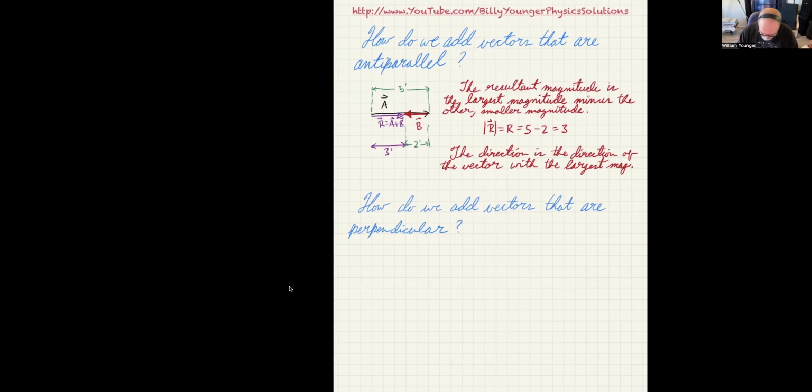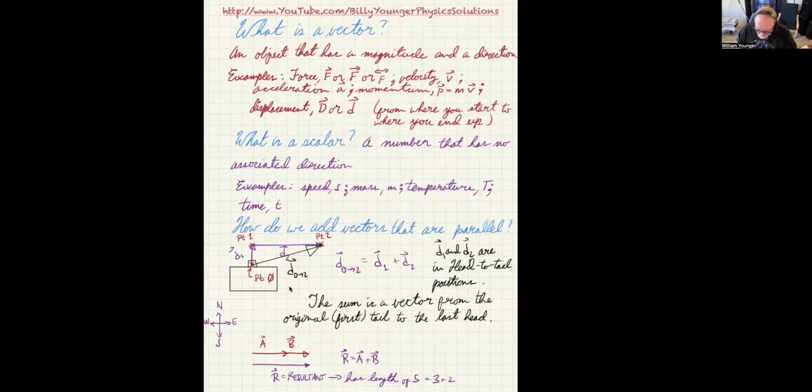In contrast, for two parallel vectors, the sum of the vector magnitudes is equal to the resultant magnitude. So in this case, R, the resultant magnitude, is 3 plus 2. This one's the magnitude of A, and this one's the magnitude of B. And of course, that gave us the magnitude, and the direction was just the direction that they both had.